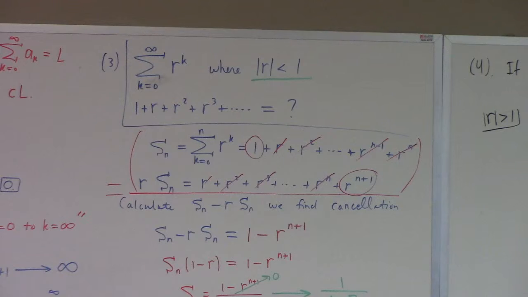When you take the difference of the nth partial sum and r times the nth partial sum, just like we were instructed to do in that homework problem, remember? We get a bunch of cancellations as I've illustrated here. It telescopes down basically. All it leaves you with is this 1 and this r to the n plus 1, like so.